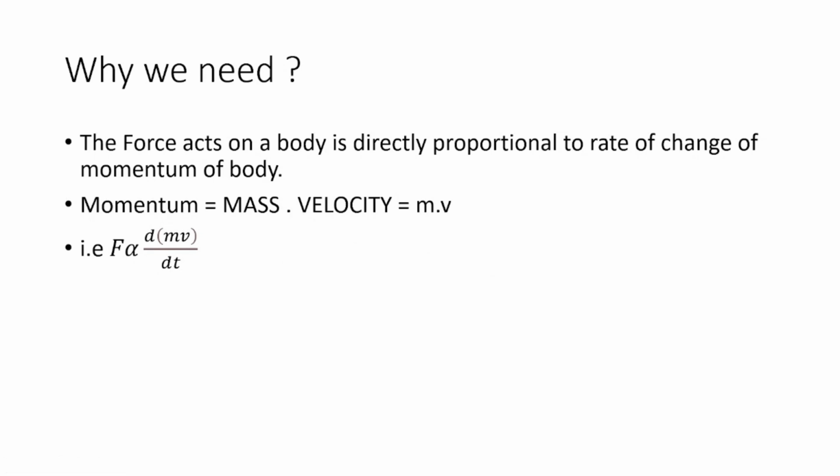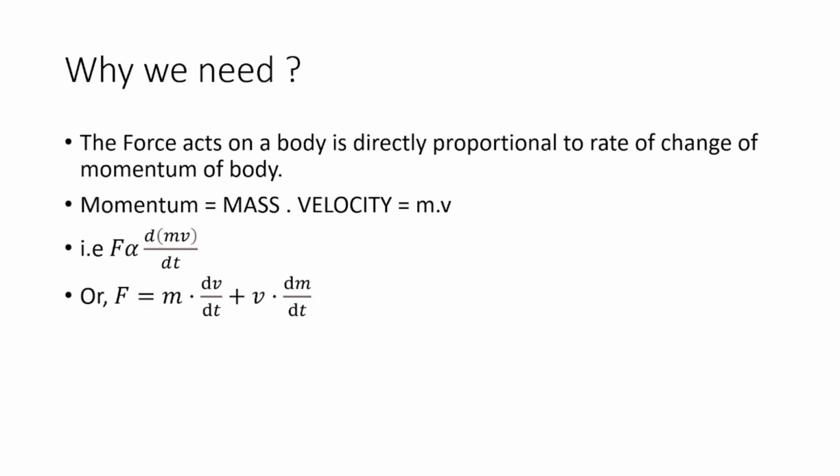That is, the rate of change of momentum is equal to force. Now applying the product rule of derivative, we obtain F is equal to m multiplied by dv by dt plus v multiplied by dm by dt.